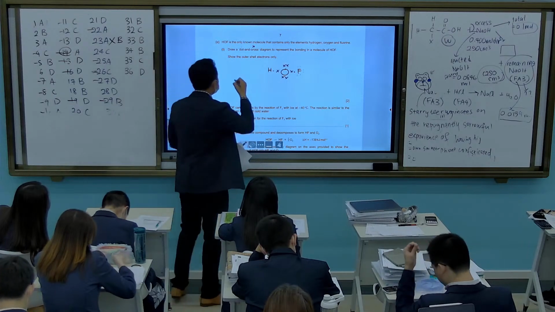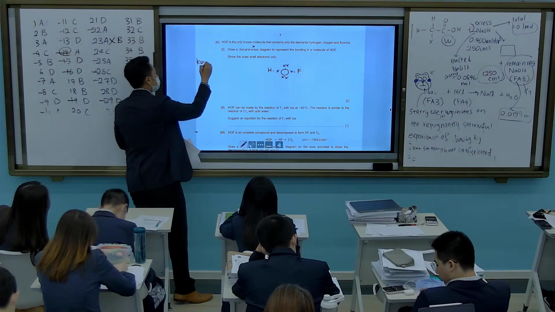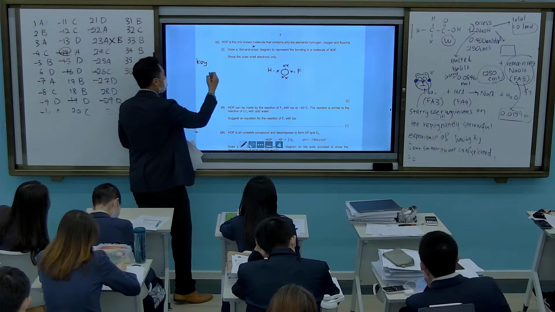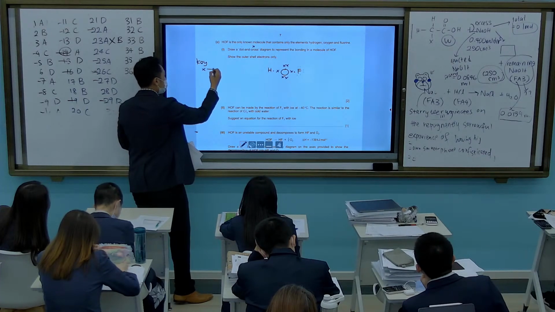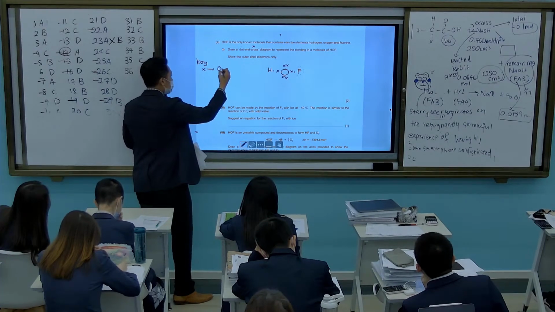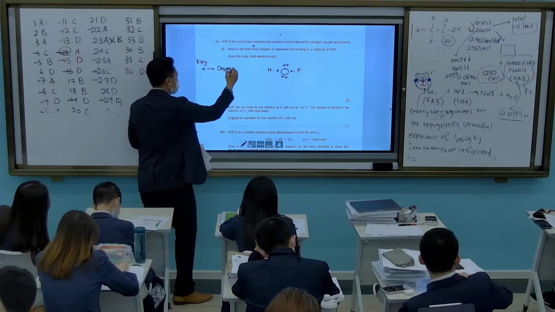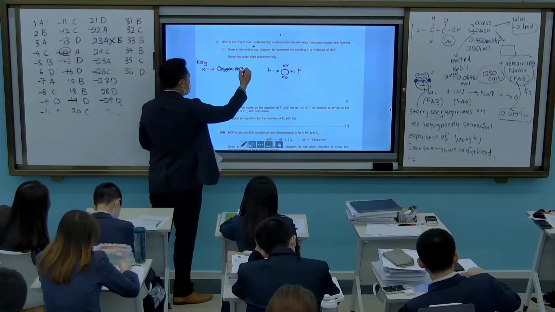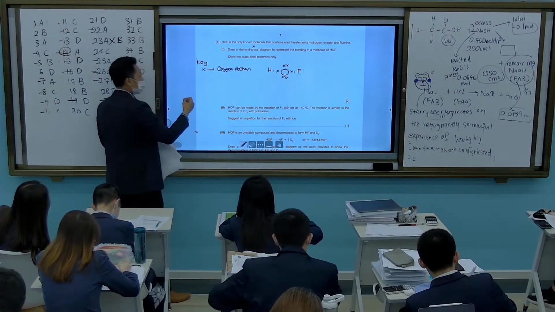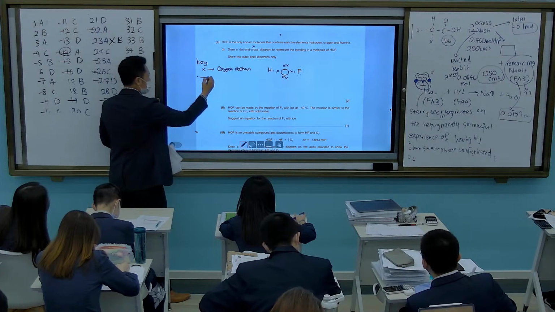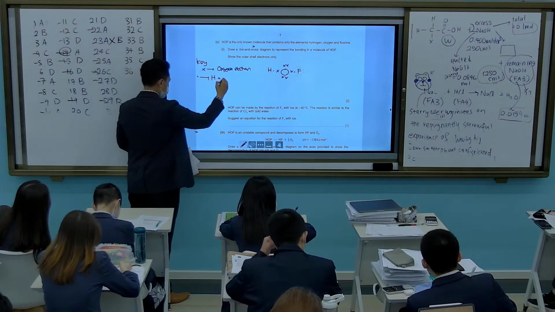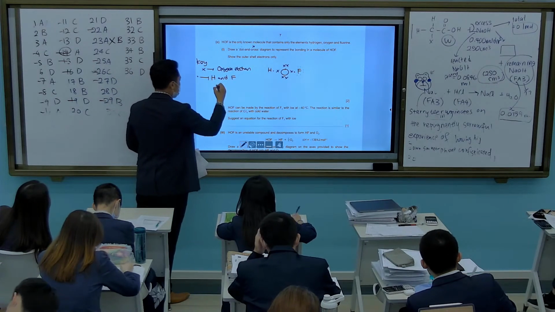The key means what? The X, what does it mean here? It means the oxygen electron. What about the dot? It's just the H and the F electron.